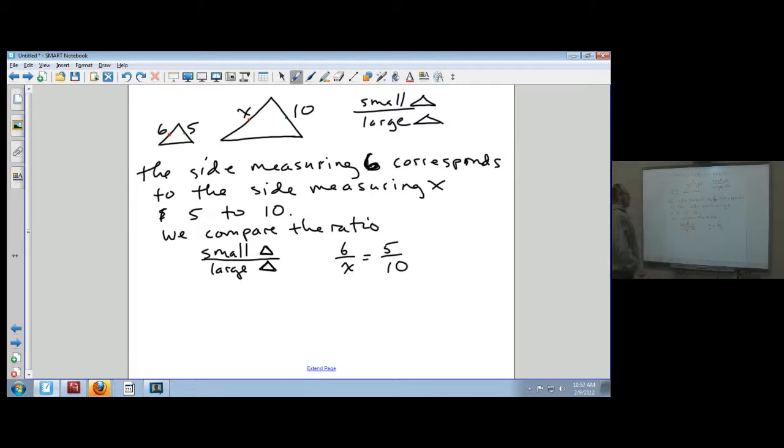So we're going to compare the ratios of 6 to x over 5 to 10. Now we have single ratios. We can quite simply cross multiply, and then, of course, divide. It gives us 12. So if our measurements here are in inches, then our side here is 12 inches.